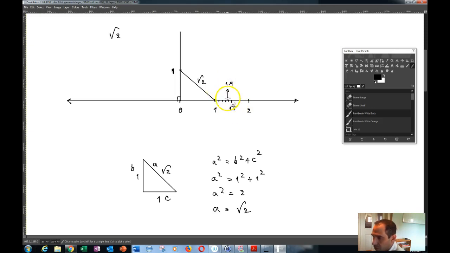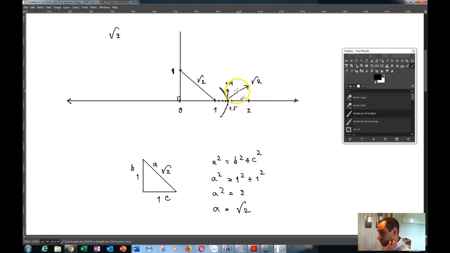So approximately you would get an arc somewhere over here, meaning that you put your compass over here and set its radius to this length, then choose this point as the center and do an arc with the same radius, and this point over here would represent the square root of 2.